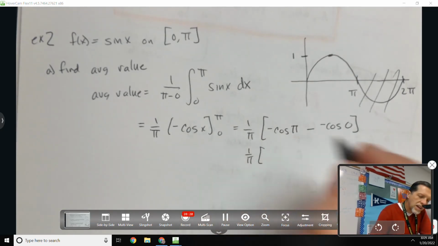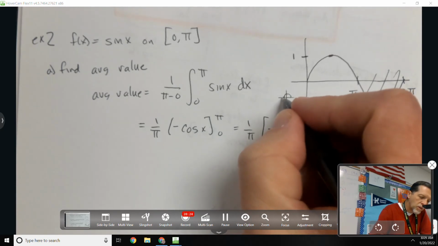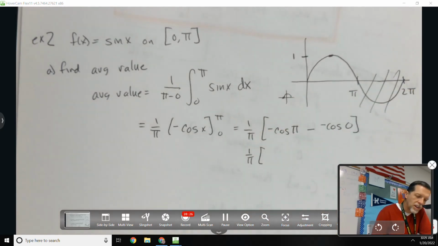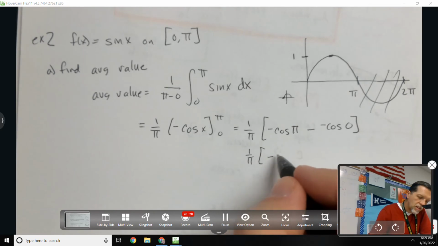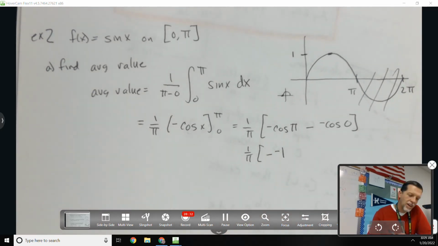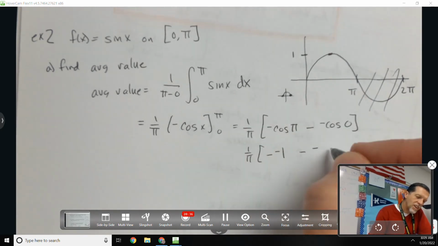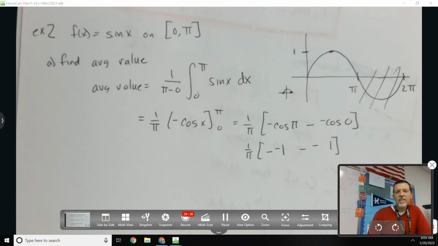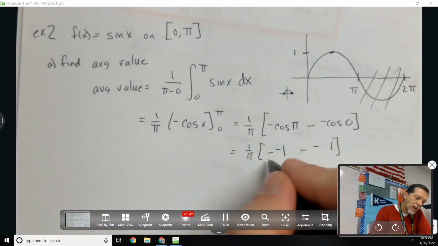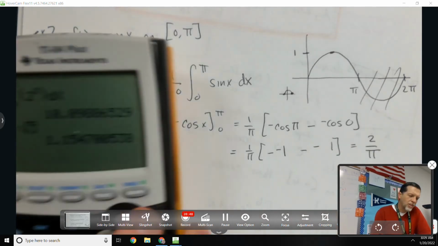Cosine of pi, oh, I got even more negatives to deal with, is negative 1. So negative negative 1 minus negative cosine of 0 is 1. I definitely should have taken the negative out to start with. That's okay. Positive 1 and positive 1 makes 2. So 2 over pi is my official answer.